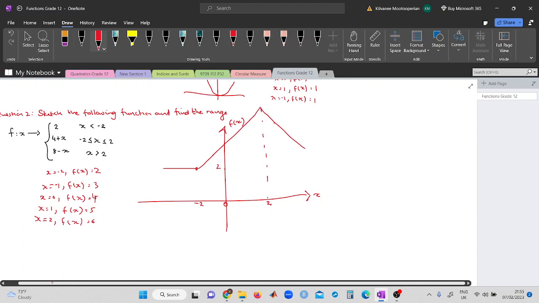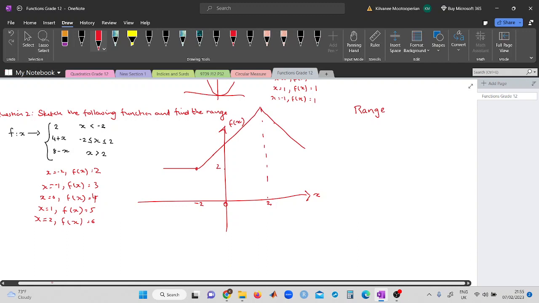Now, how will I be able to find the range? Donc, si vous regardez bien, ici, it was 2, but yet it will decrease. It will keep on decreasing. Il n'y a pas vraiment aucune limite là. It is positive here.